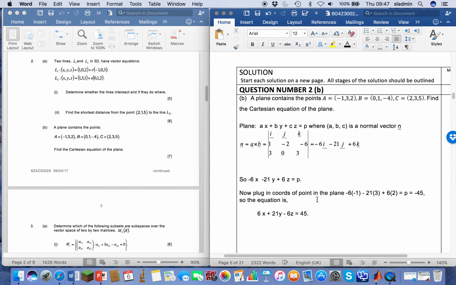Now if we plug the coordinates into this equation, here we've taken the point (minus 1, 3, 2), which is this A. A lies on the plane. So we substitute these points in, and then we find p is equal to minus 45. So the Cartesian equation of the plane is 6x plus 21y minus 6z equals 45. And that concludes the solution for question number 2.